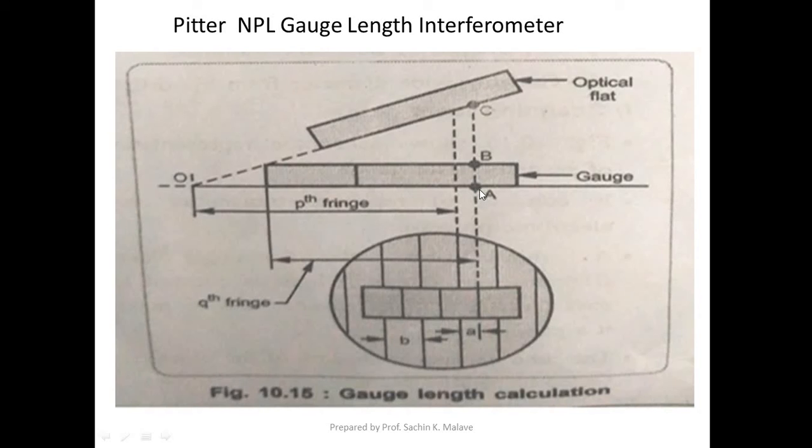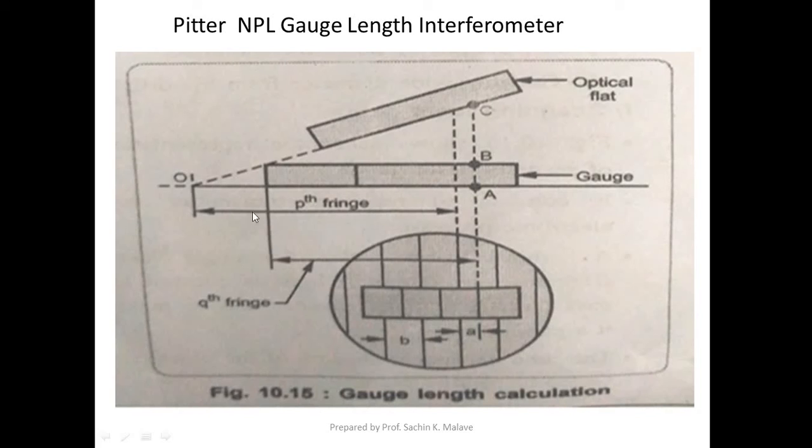How do we know how to find out any height? h is equal to n lambda by 2, where n is the number of adjacent fringes. So if we can find out the number of adjacent fringes corresponding to this height AC, we can easily find out this height AC. It is related to points A and C. So A is a point on this instrument base. For the instrument base, we have considered the pth fringe, but that is not up to point A.